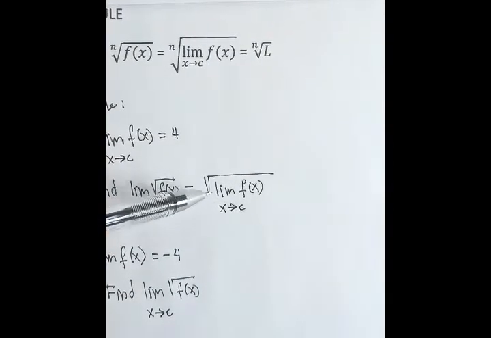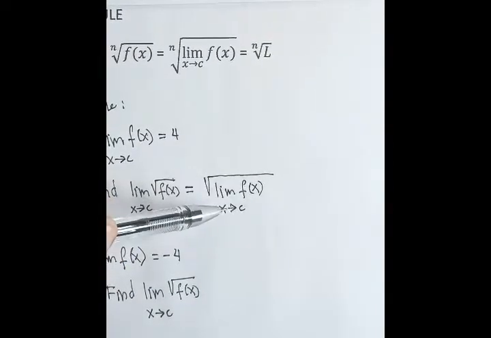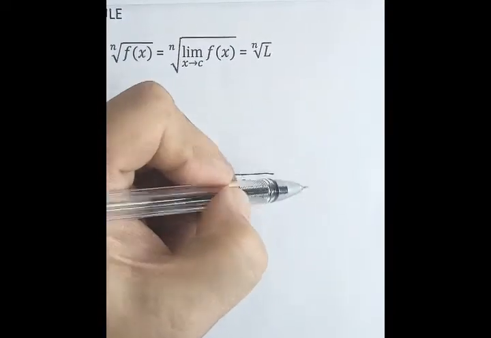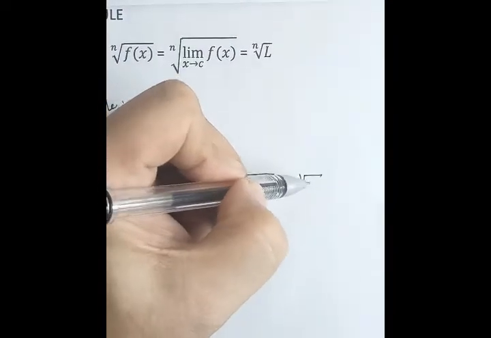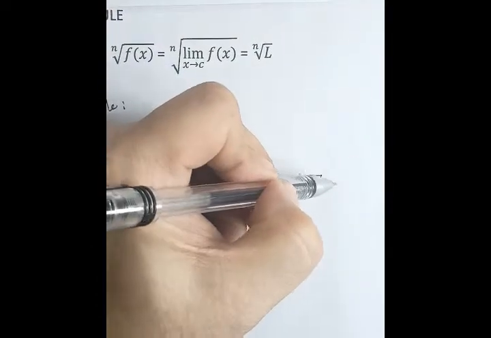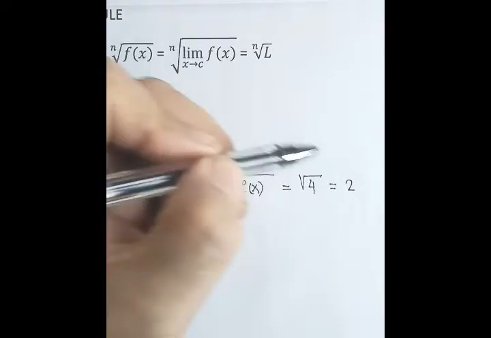And then given that the limit of the function of x as x approaches c is equal to 4, this is simply the square root of 4, which is equal to 2.